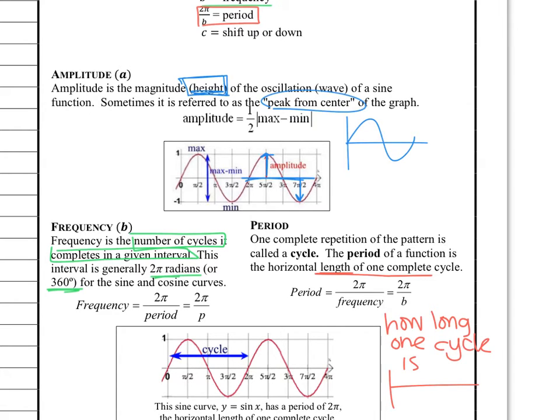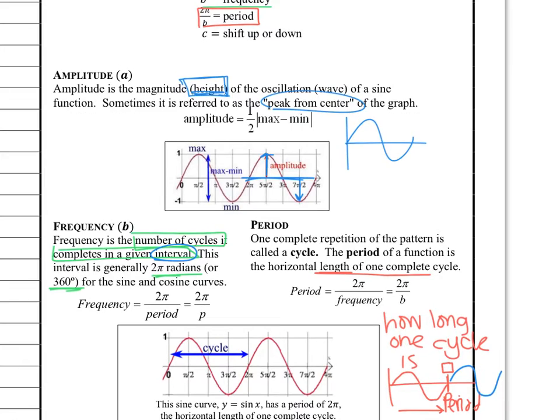If I get one full sine cycle, the value that's plotted here is called the period. So the period is the length of one cycle, whereas the frequency would be the number of cycles we have in a given domain or interval in this case. So period, how long one cycle is. Frequency is how many cycles you have.